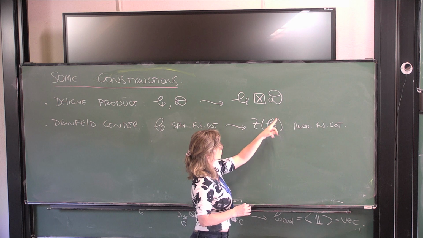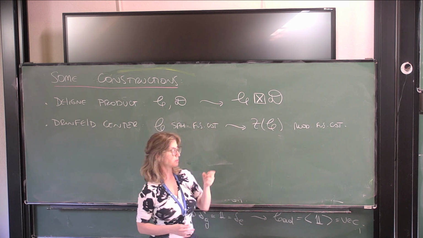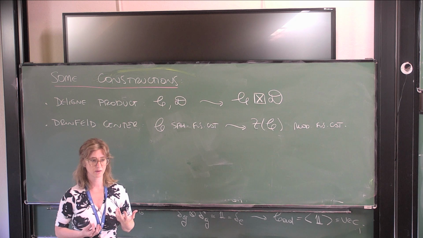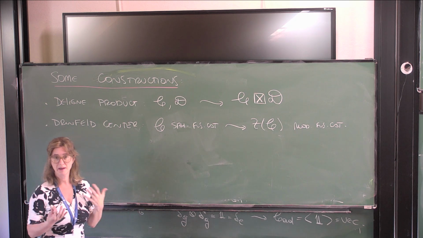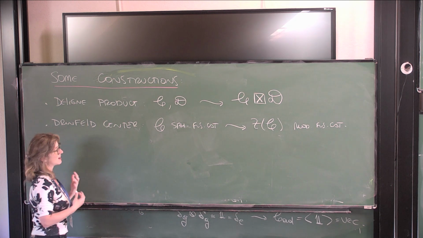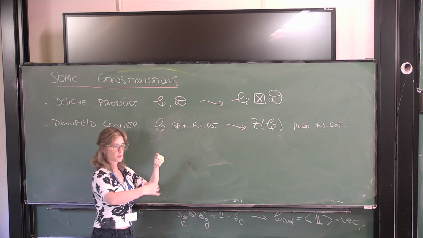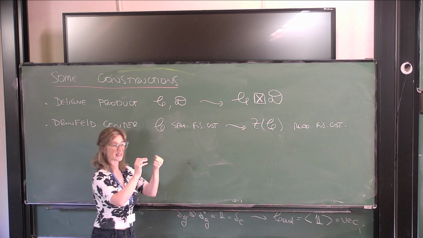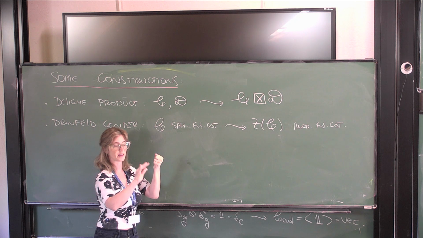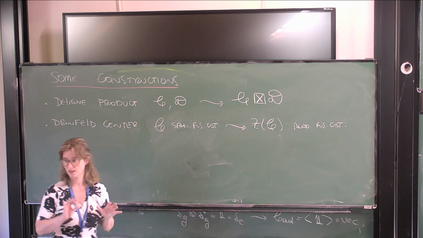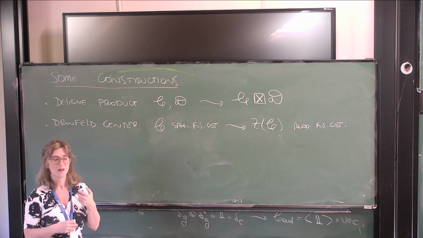But the idea is that what we do is we equip our objects in these categories with something that is a half braiding. So in Jenny's talk, we have the braiding. Here we want a half braiding. So we want our fixed object that I start with to be equipped with a family of maps that lets this object commute with any other object in the category. Commute in the sense that you can switch the tensor product.